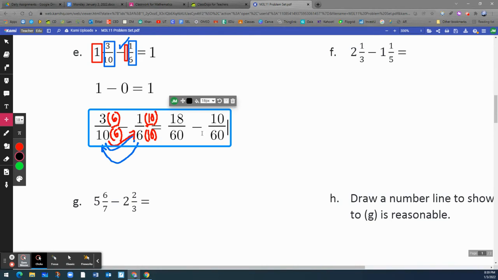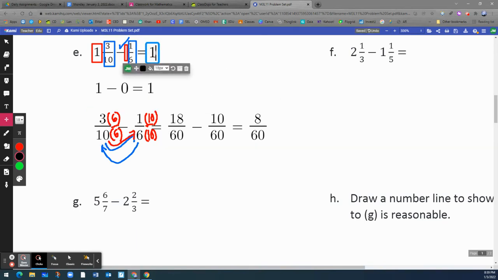Okay? Now, since these two have the same denominator, which is 60, all we've got to do is subtract the numerators. So 18 minus 10, the answer is 8. Okay, so now we have the second answer. Here we go. We're going to write it down.